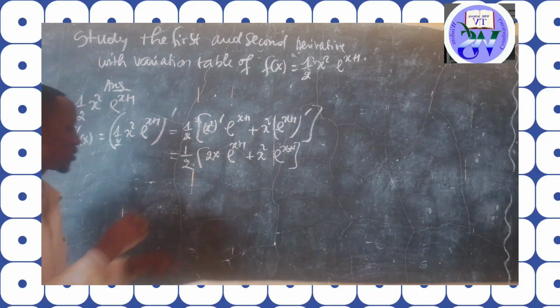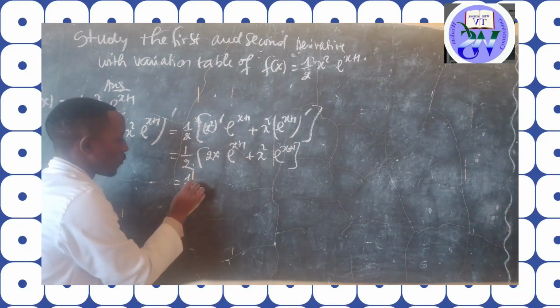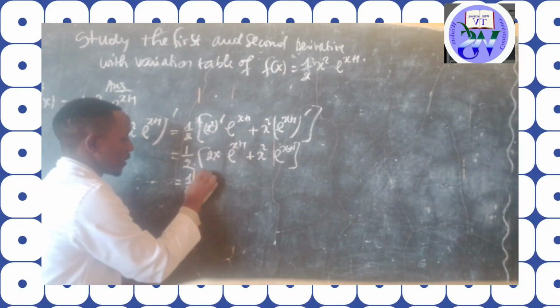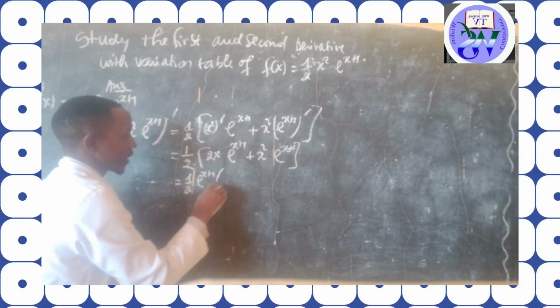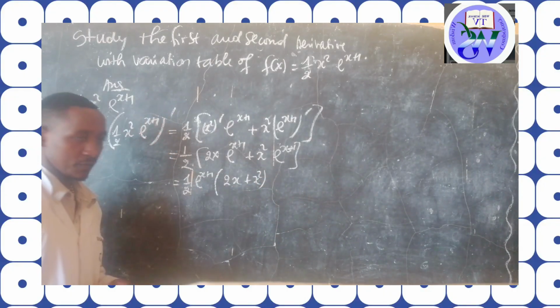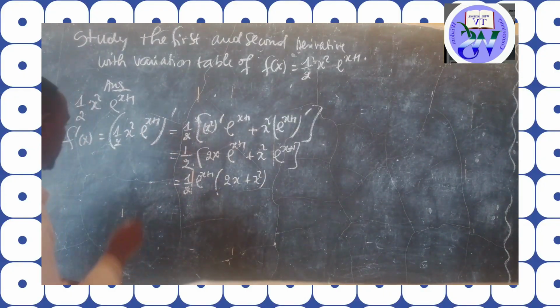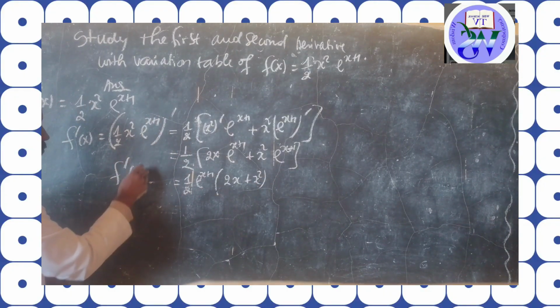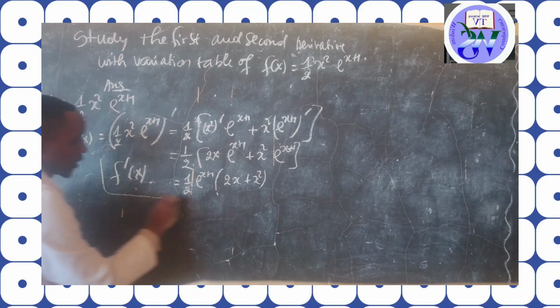By factorization, this is equal to 1 over 2 e power x plus 1 bracket 2x plus x squared. So this is the first derivative of f of x.